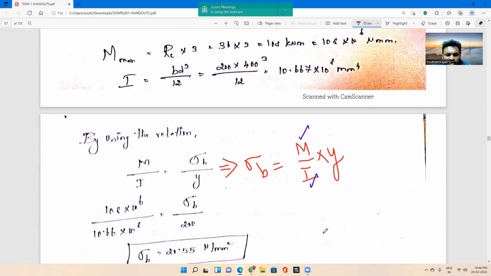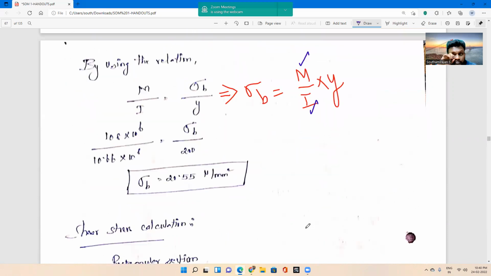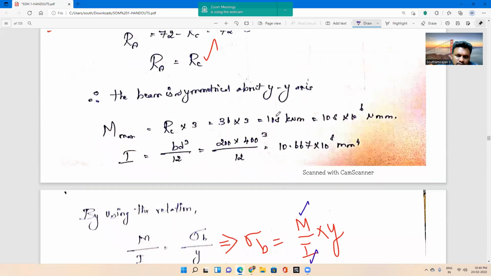So M by I equal to sigma b by y. Next, by substituting all these values, we have acquired the value of bending stress, which will be 20.55 Newton per mm square. So this will be the variation of bending stress along the top chord as well as the bottom chord.